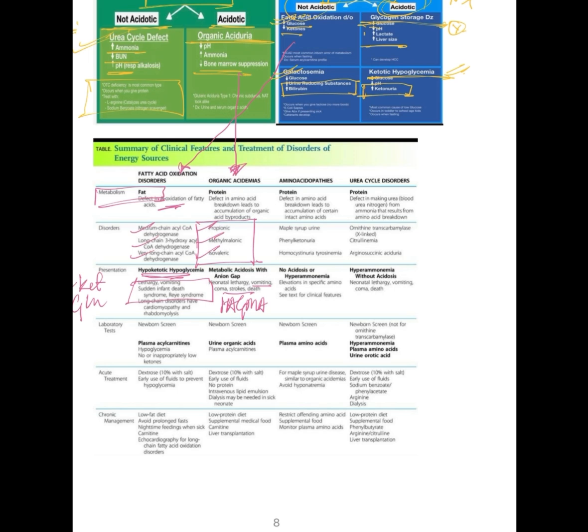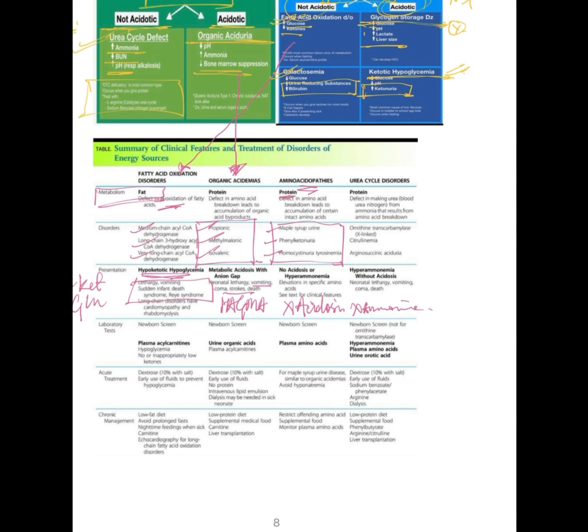Remember this. However, also remember all this urine related stuff, all the sweet sounding names related to urine: homocystinuria, phenylketonuria, MSUD. These all come under amino acidopathies, which are also metabolism defects of proteins, where there is no acidosis and no hyperammonemia; ammonia is also not raised and acidosis is also not there.